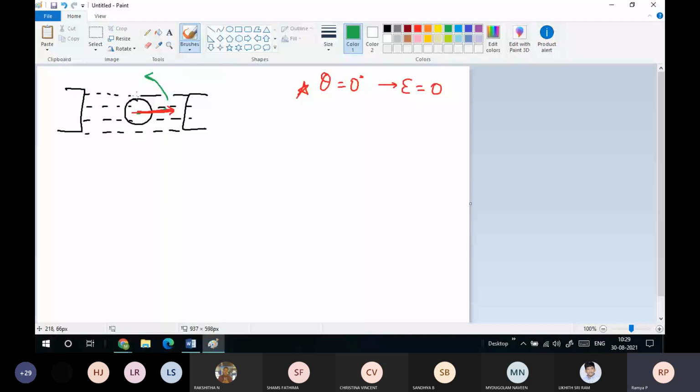When it comes here, this is my conductor and this is my flux lines. Both are perpendicular, that is theta is equal to 90 degrees, the angle between them that I measure. Hence the EMF will be maximum, which by the equation is BLV.